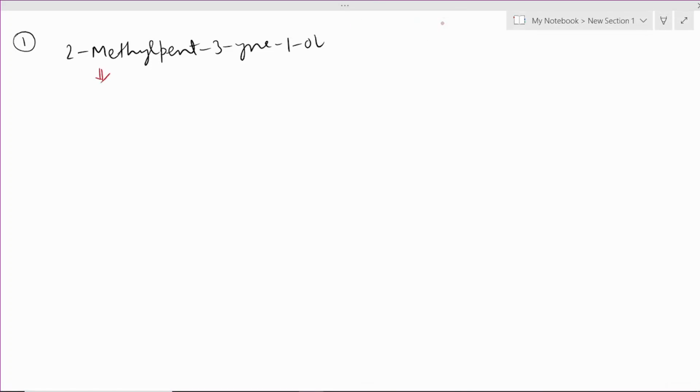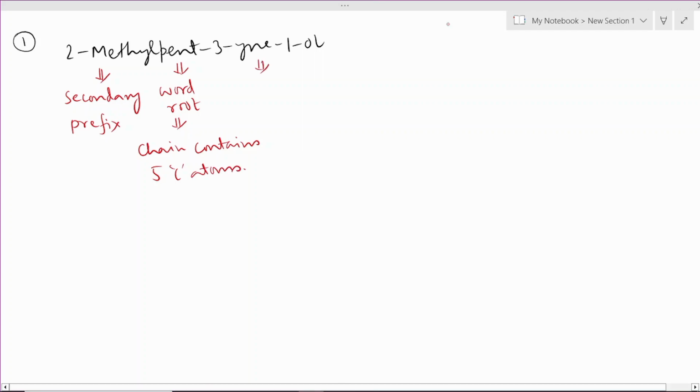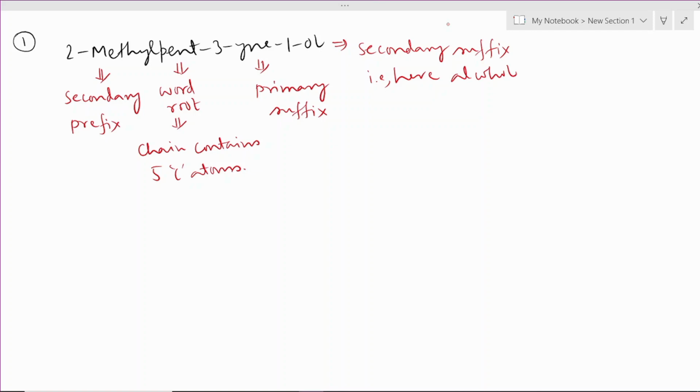Now this methyl represents the secondary prefix, and this pent is basically the word root, and it depicts that the chain contains 5 carbon atoms, and yn represents the primary suffix, and it tells that the chain contains unsaturation, and this ol represents the secondary suffix, that is, here an alcohol functional group is present.